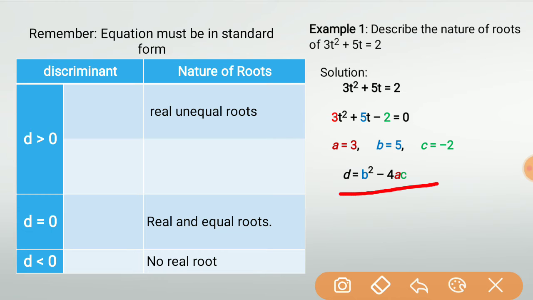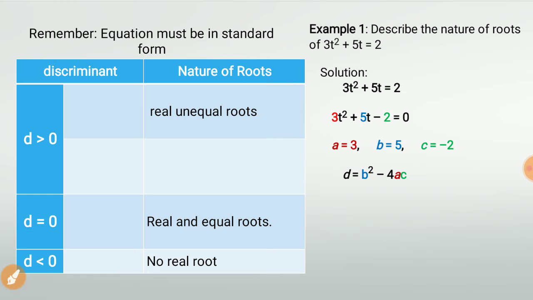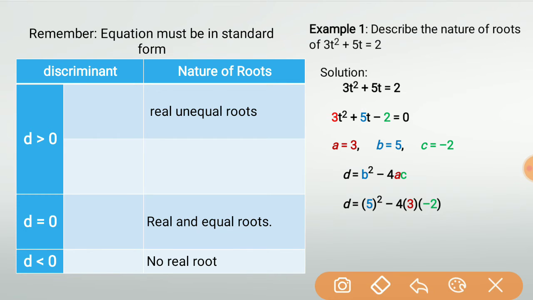I'll substitute the values of A, B, C into our formula. When you substitute, you will get D equals 5 square minus 4 into 3 into minus 2.